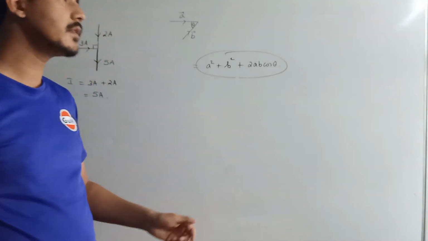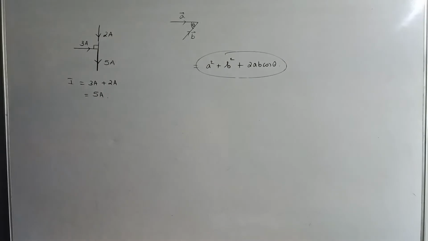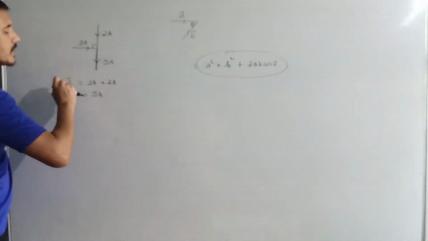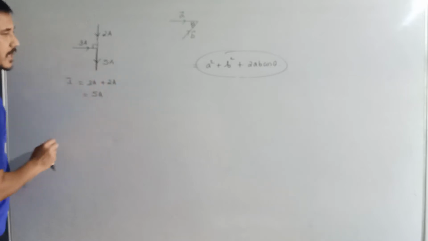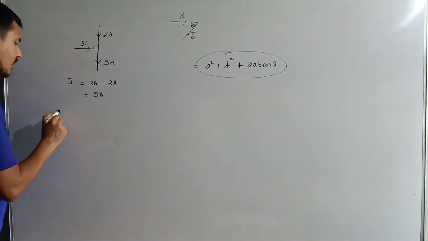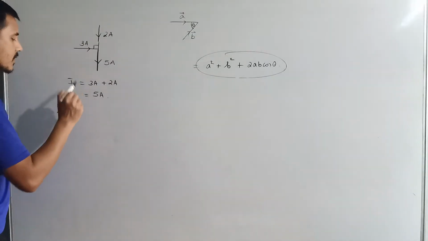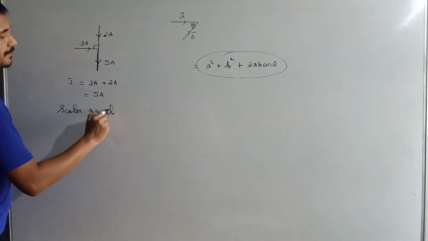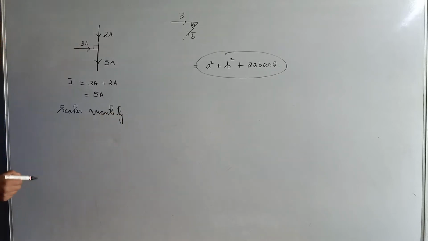Whereas currents do not obey the vector law of addition and just add up like a scalar quantity. So we can call current a scalar quantity. Are you getting that? Are you clear with this?